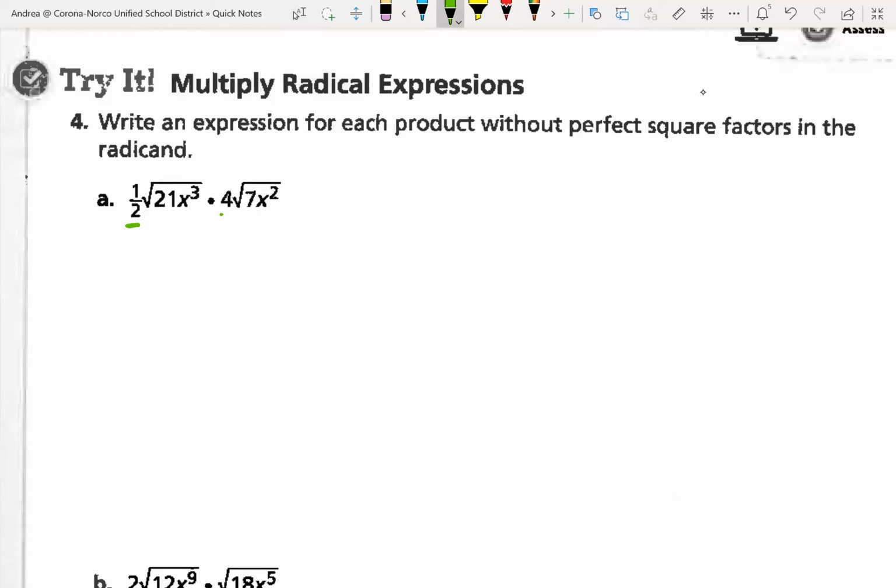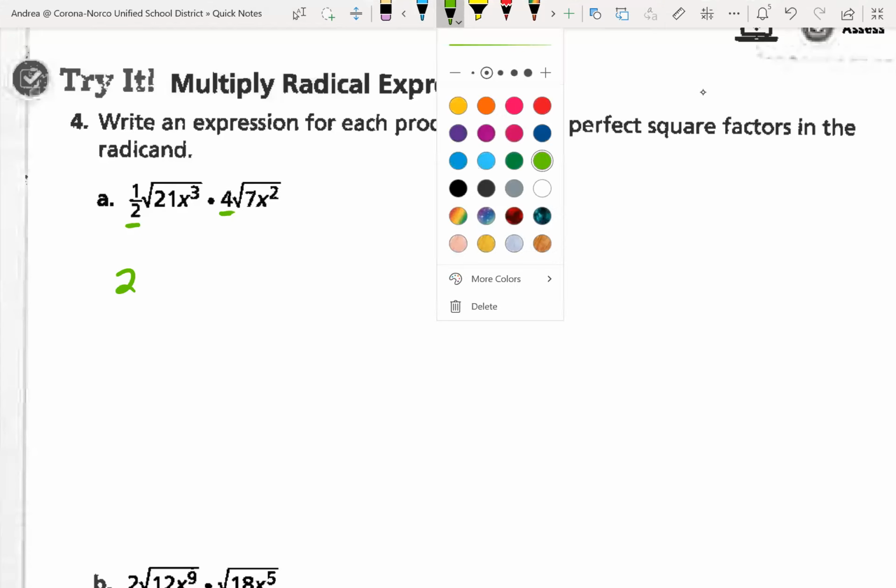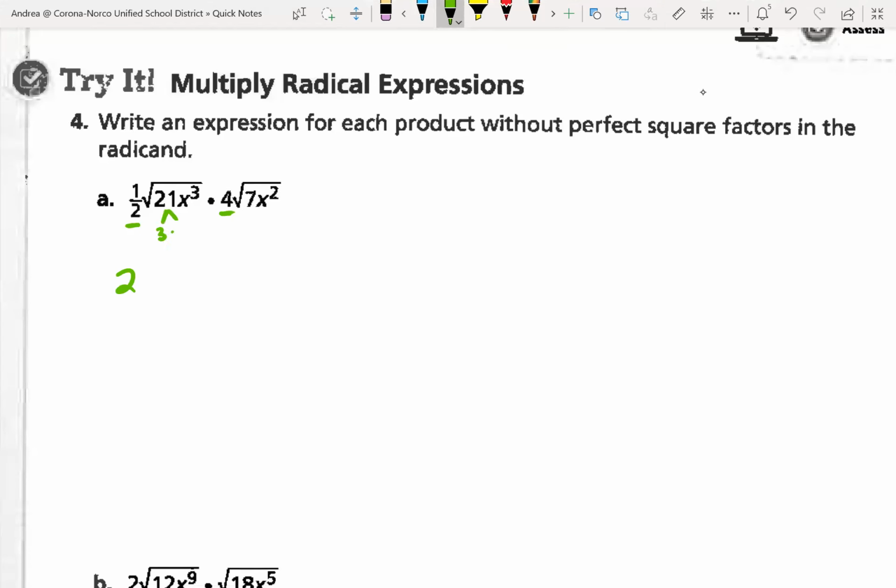So we're going to do 1/2 times 4, which is 2. The easiest way to do this is to factor your numbers before you multiply. You would rather have smaller numbers to factor rather than really big numbers. If I multiplied 21 times 7, I'd get 147. And that's a little bit more difficult to factor than 21 and 7. So I'm going to factor the 21 as 3 times 7.